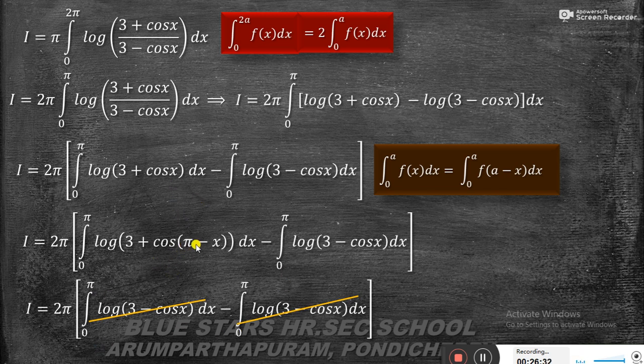So cos of (pi minus x) means minus cos x. Therefore I write log of (3 minus cos x) into dx minus the integral 0 to pi of log of (3 plus cos x) into dx.